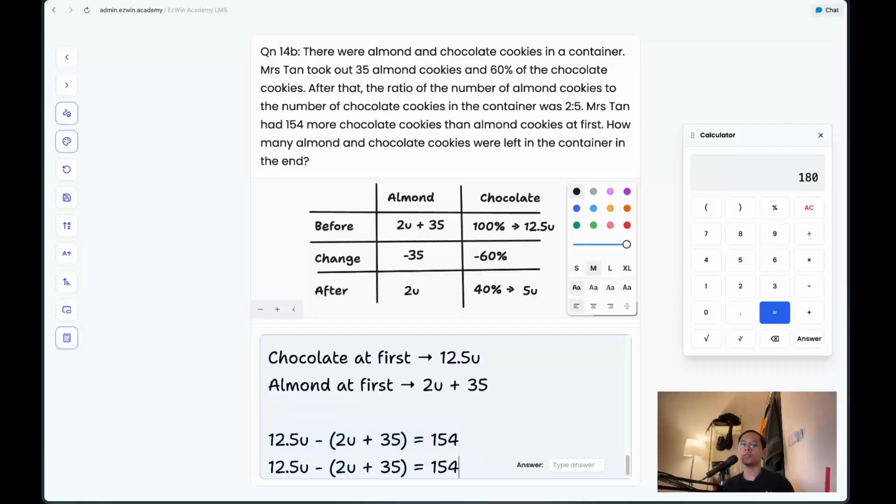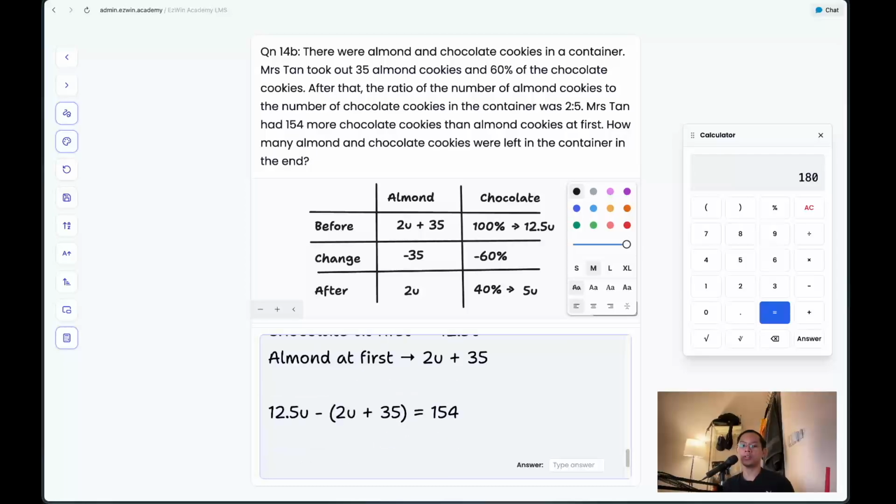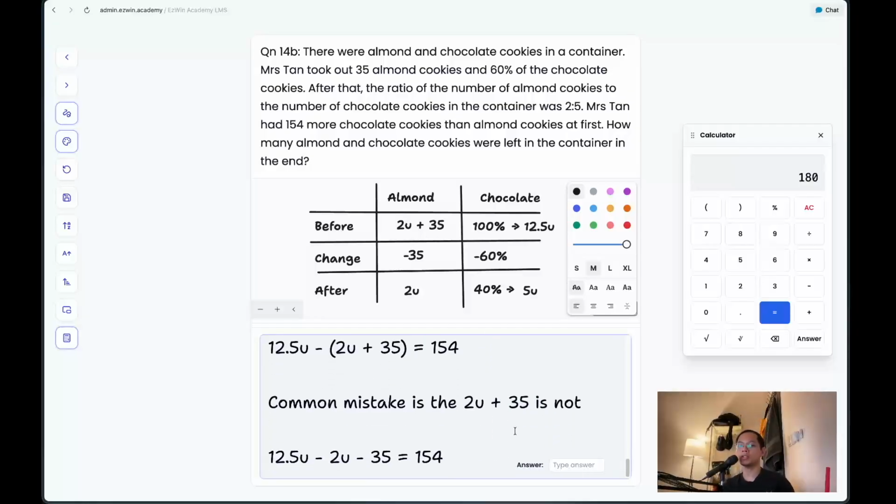If you were to convert this, you could see that 2 units plus 35 will be minus 35, equal to 154. A common mistake is the 2 units plus 35 is not in brackets, and another mistake is the plus 35 is not changed to minus 35.